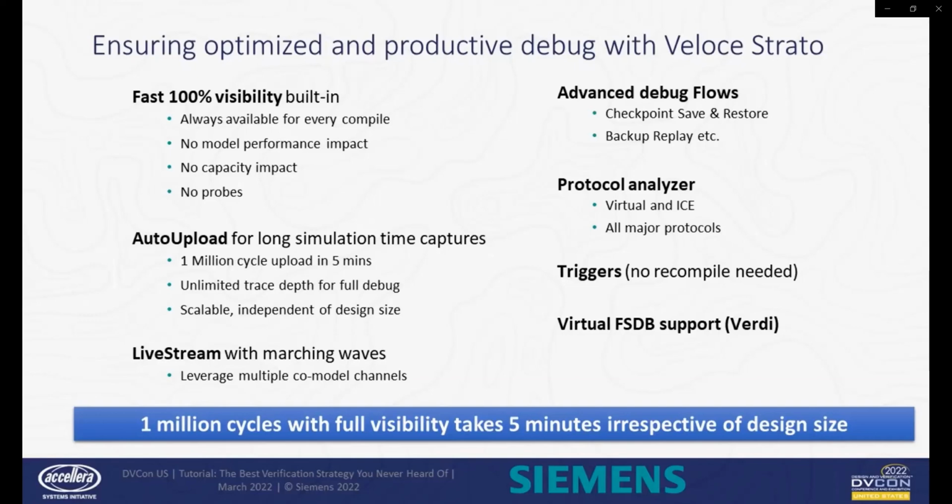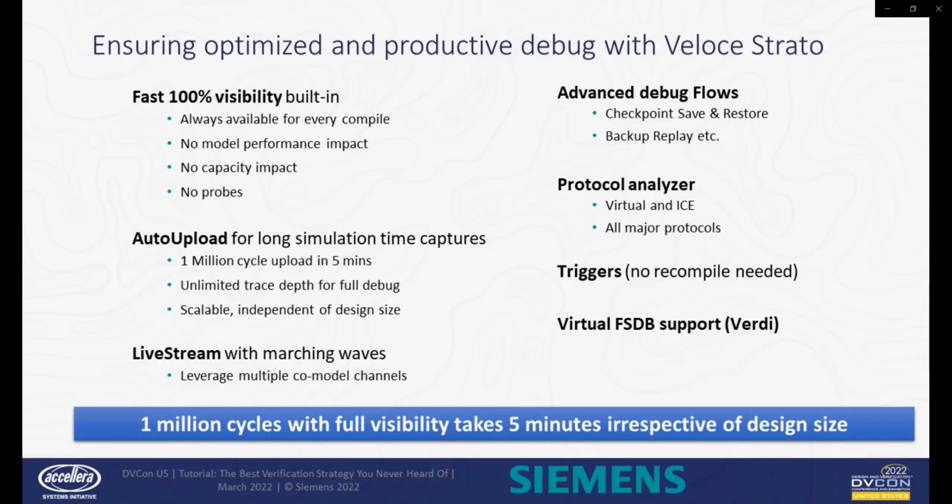And we have, for both virtual and ICE, a great protocol analyzer for almost all the major protocols. Our triggers do not require an extra compilation step, and they enable you to trigger at your desired time. And recently we implemented virtual FSDB support, which allows you to generate FSDB much faster.